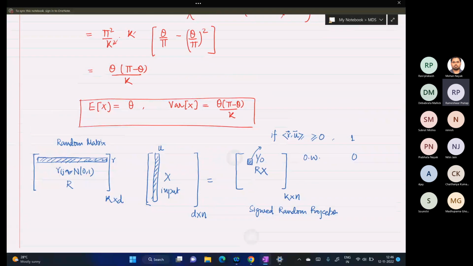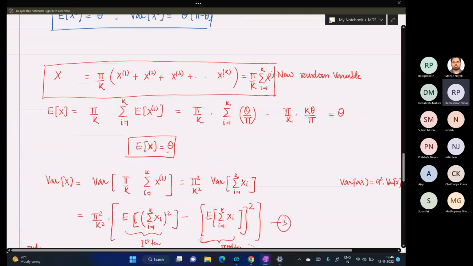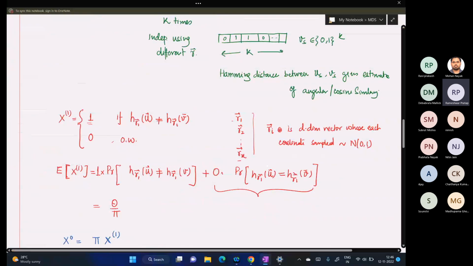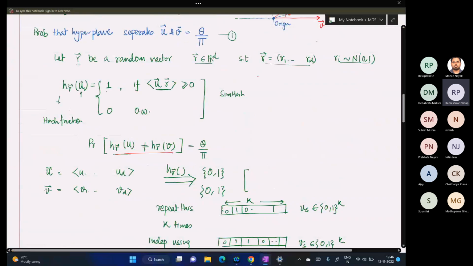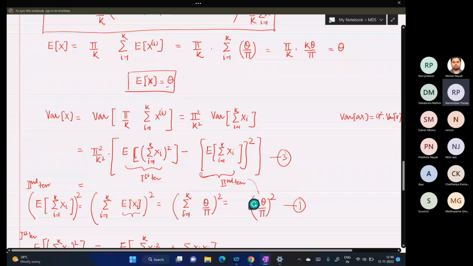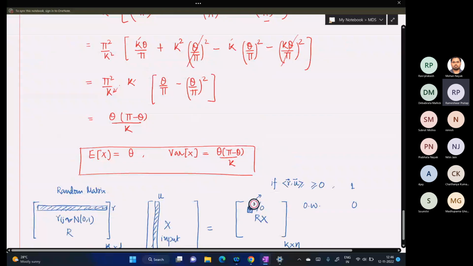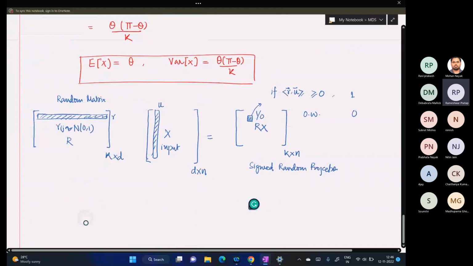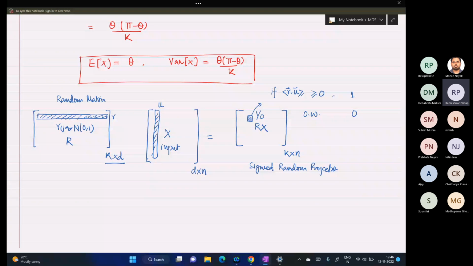So in our SimHash algorithm, what was our SimHash algorithm? We take the inner product of u and r, and based on the sign we assign the value as either 1 or 0, right? So we just wanted to see if this can be viewed as a matrix multiplication algorithm. Suppose this is our random matrix whose each entry is sampled from a Gaussian distribution, and this is our input, and their sizes are k cross d and d cross n respectively.